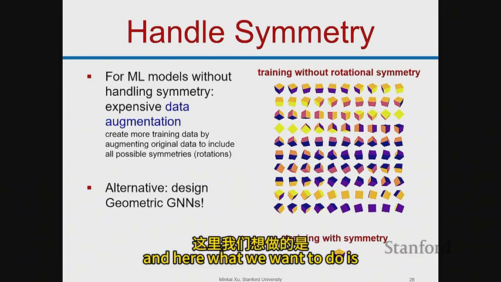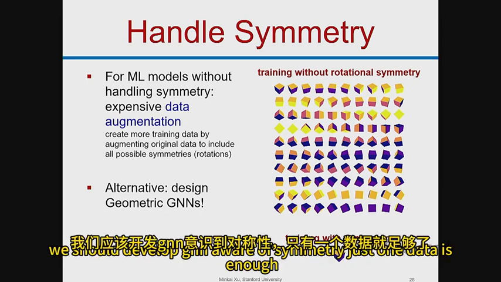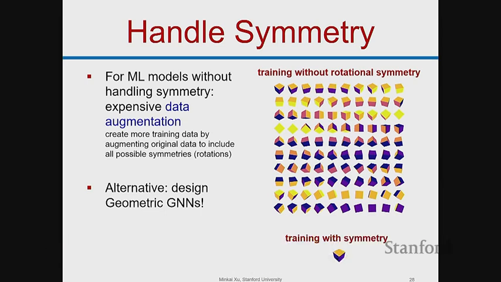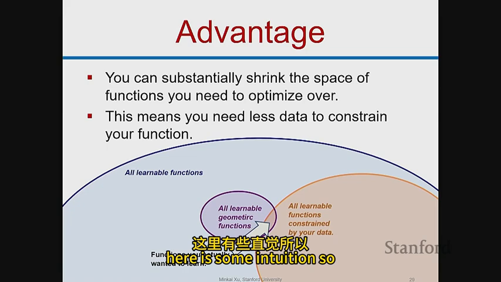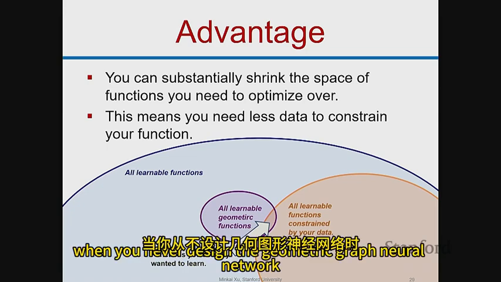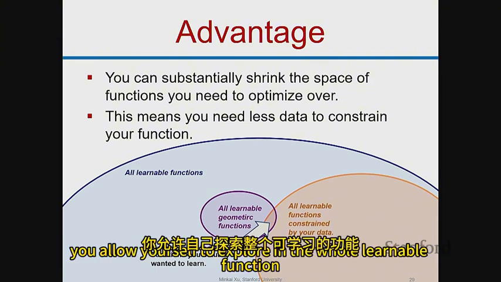Here, what we want is to develop a GNN aware of symmetry. Just one data point is enough. Here is some intuition. When you design a geometric graph neural network, you allow yourself to explore the whole learnable function space.